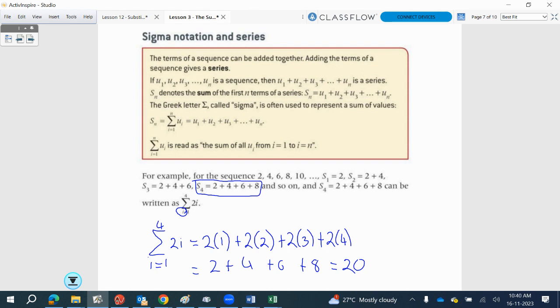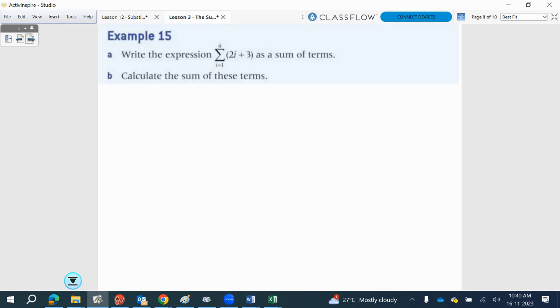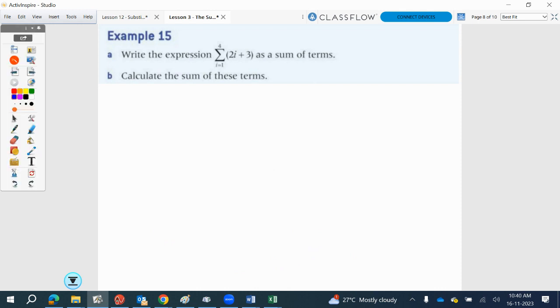Let's have a look in more detail how sigma works. We're asked to write this expression as the sum of terms, so we have to do that expansion. In A, we have sigma i equals 1 up to 4, and then we have the formula 2i plus 3. What is the first value of i we put in? 1.